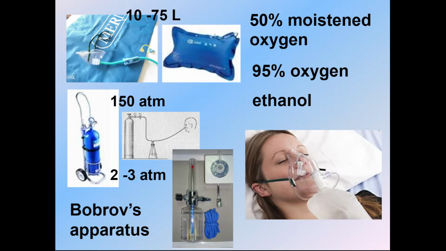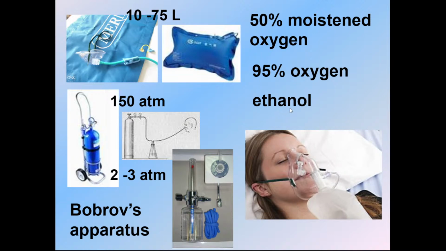You understand this foamy blood moves from the alveoli into the bronchus, and the respiratory tract becomes obstructed with foamy sputum. To depress the formation of bubbles, oxygen must be passed through ethanol, instead of water, put into the Bobrov's apparatus or any sac.